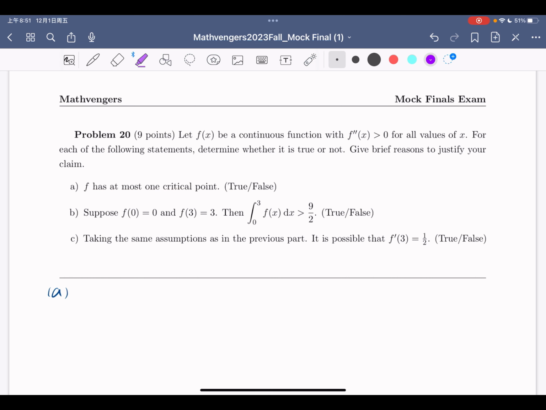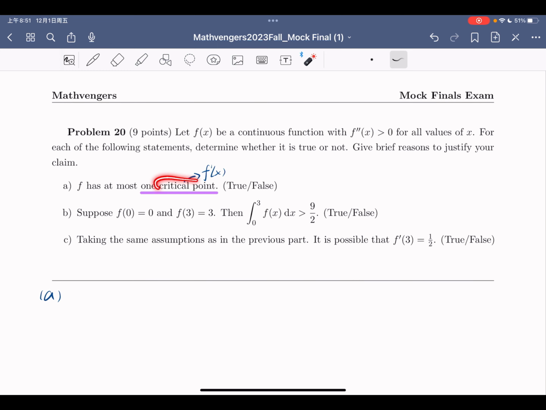Well, when you say a critical point, you need to consider the first derivative, because you know that at a critical point the first derivative is equal to 0. If we want to compute the critical point, we need to compute the first derivative and let it be equal to 0.